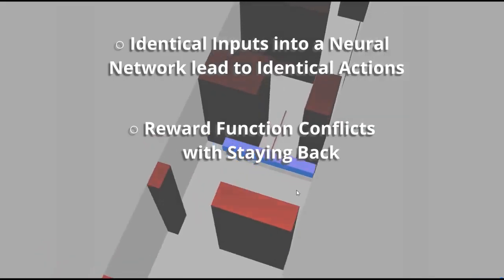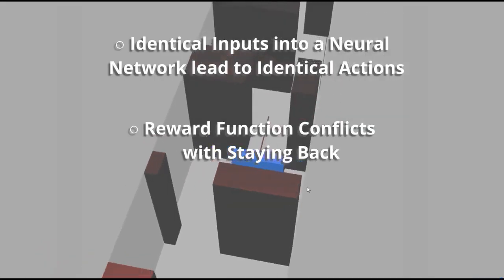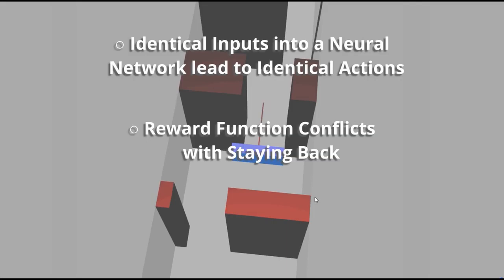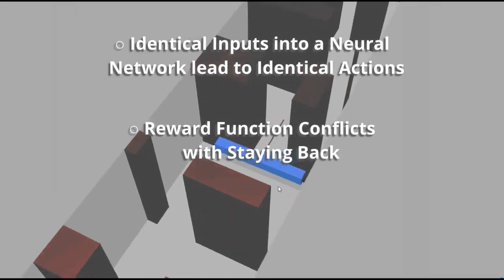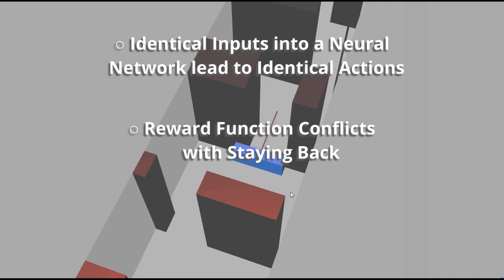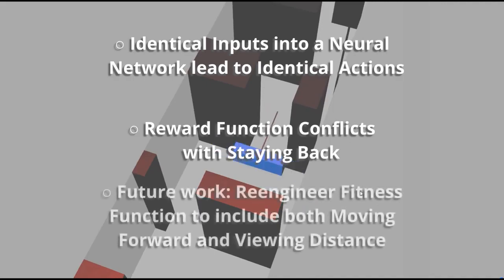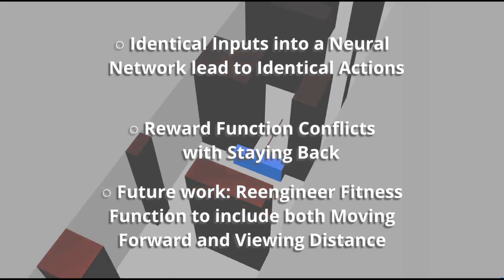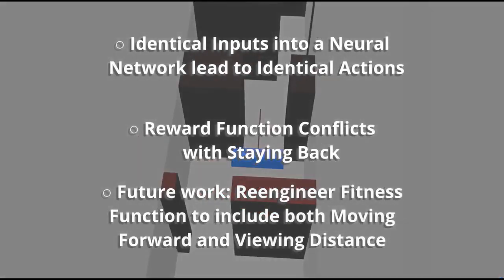Thus, the animat itself wants to move forward as much as possible, but this is contradictory to staying further away from an obstacle in order to see more of the environment. It wants to move forward, but if it moves forward, it can't see as well. Going forward, we would likely have to re-engineer the fitness function to favor both forward movement as well as maintaining a larger vision cone.